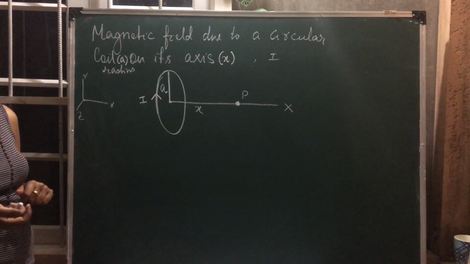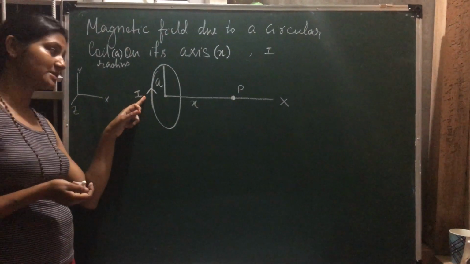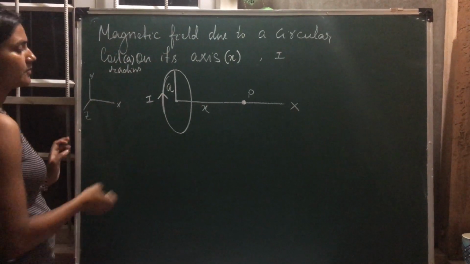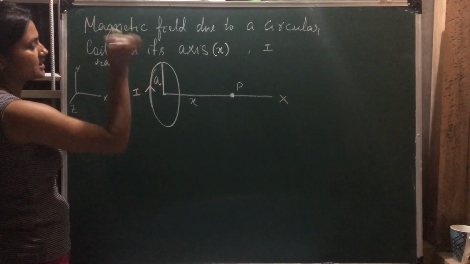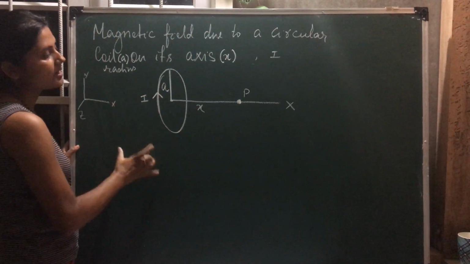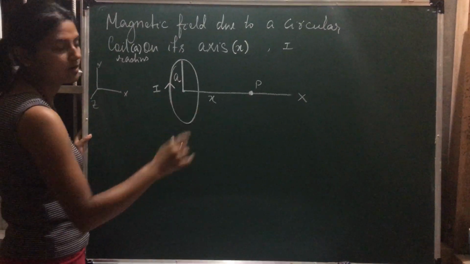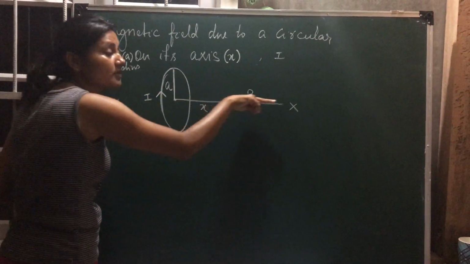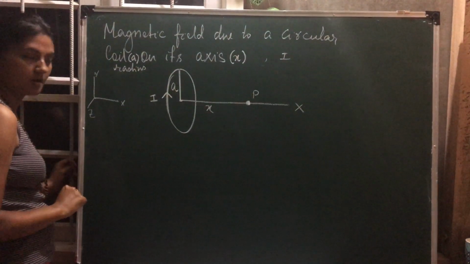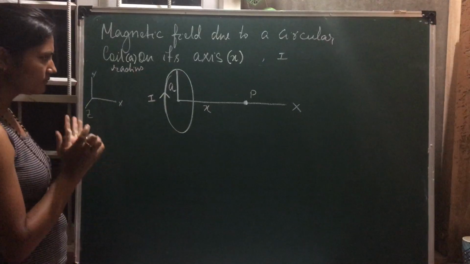Current is necessary to have the magnetic field in its surrounding. There will be magnetic field all around, but we are not finding the magnetic field anywhere. We are just finding the magnetic field on the axis of the loop. Understood? Okay, fine.